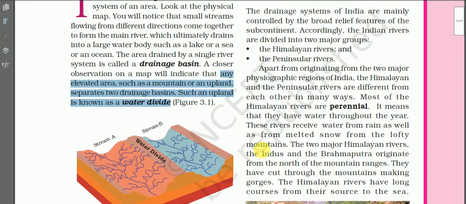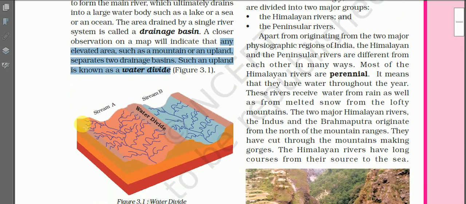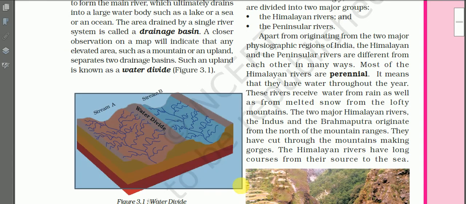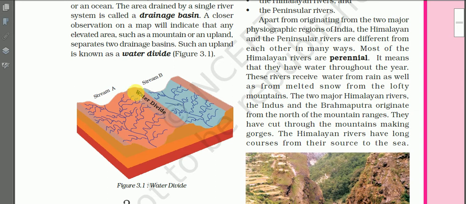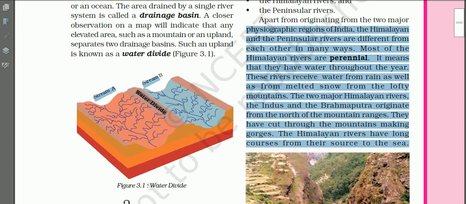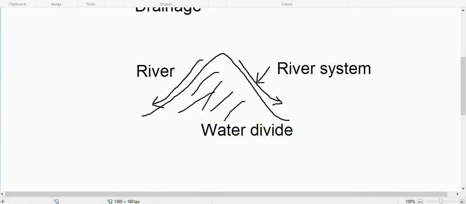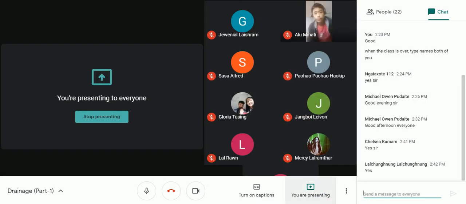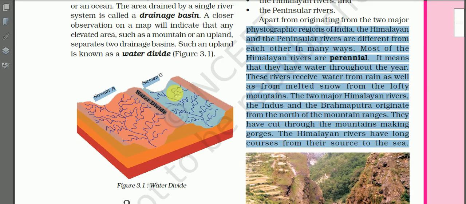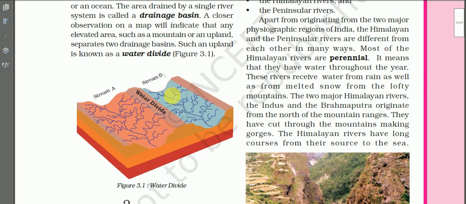Here is another diagram, looking from the sky. This is a mountain range, and here we have a river system. Here we have stream B. This is one river system.